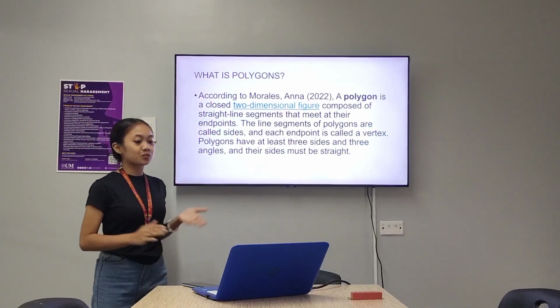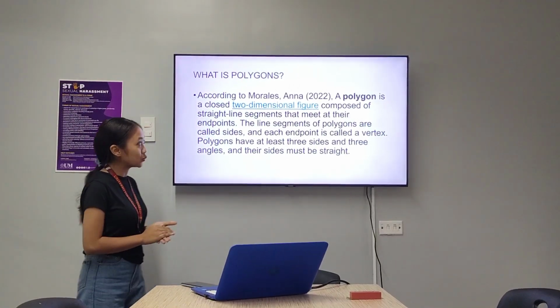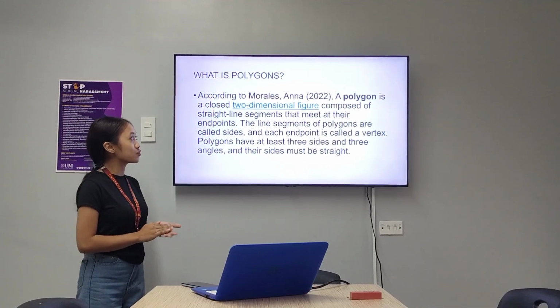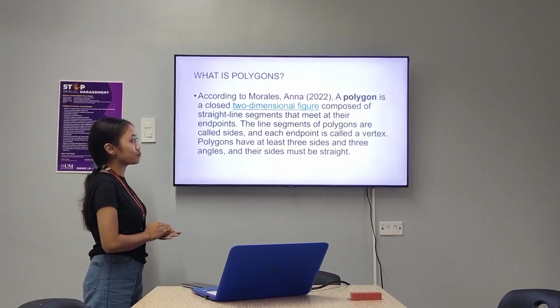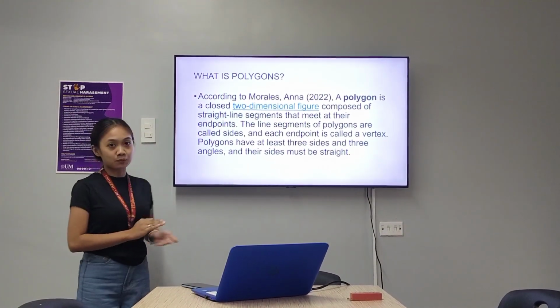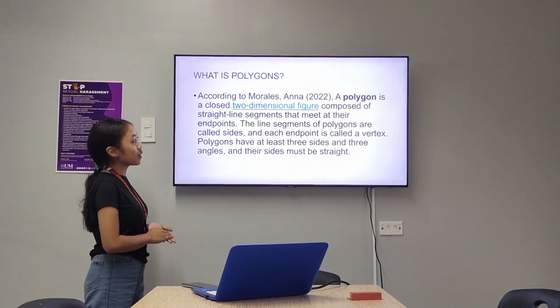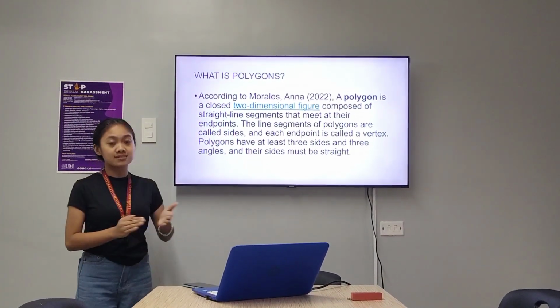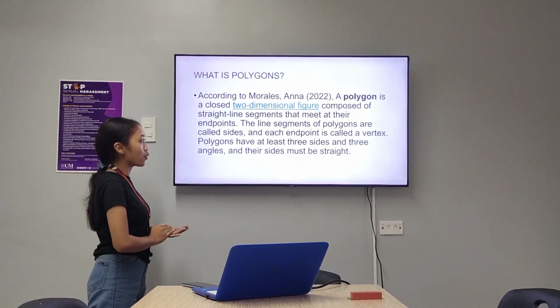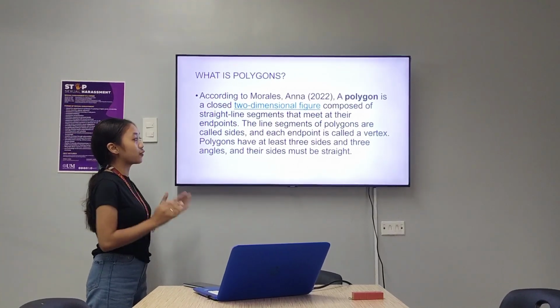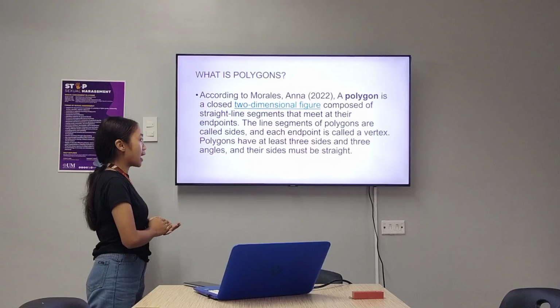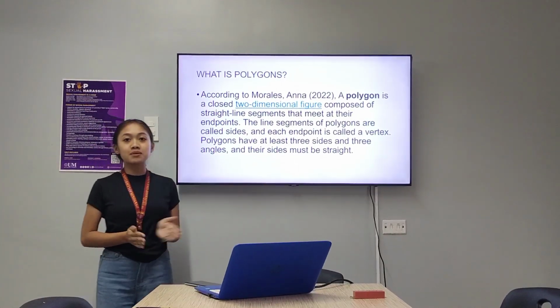According to Morales Ana 2022, a polygon is a closed two-dimensional figure composed of straight line segments that meet at their endpoints. The line segments of polygons are called sides, and each endpoint is called a vertex. Polygons have at least 3 sides and 3 angles, and their sides must be straight.